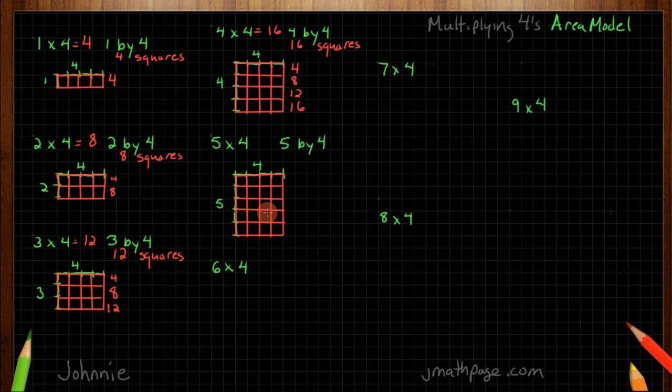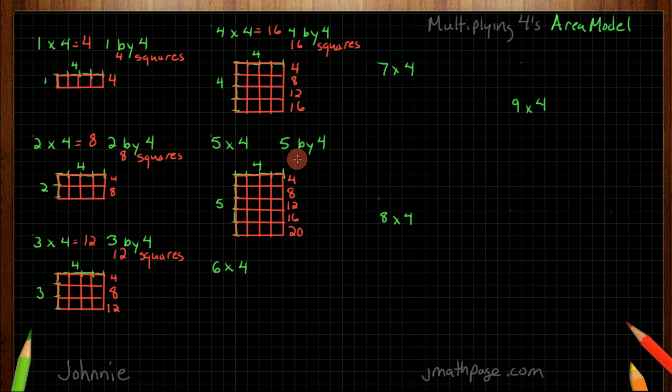How many squares? Well, we know this first row should have 4 squares in it. The first 2 rows together, 4, now 8. 3 rows of 4 give us 12. The fourth row of 4 gives us 16. Now we have to add on the bottom row. So 16, 17, 18, 19, and 20.